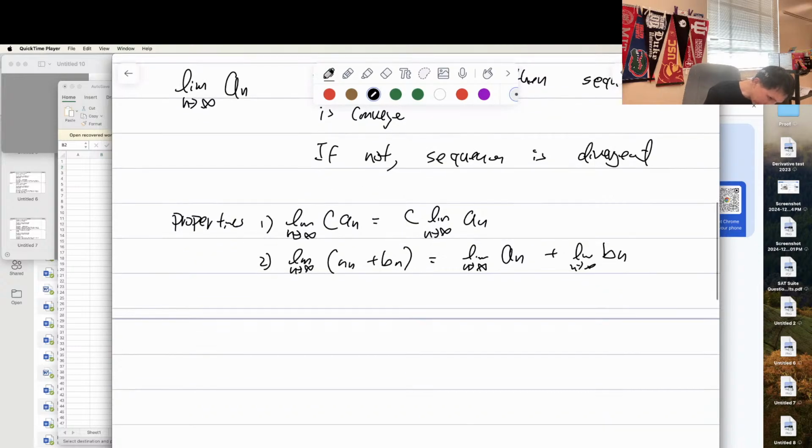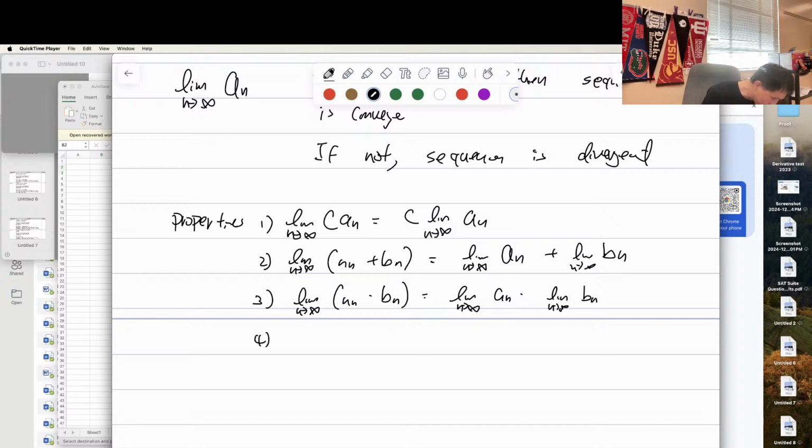Okay, same thing. They have a rule for multiplication as well. The limit as n approaches infinity of a_n times b_n is equal to the limit as n approaches infinity of a_n times the limit as n approaches infinity of b_n.